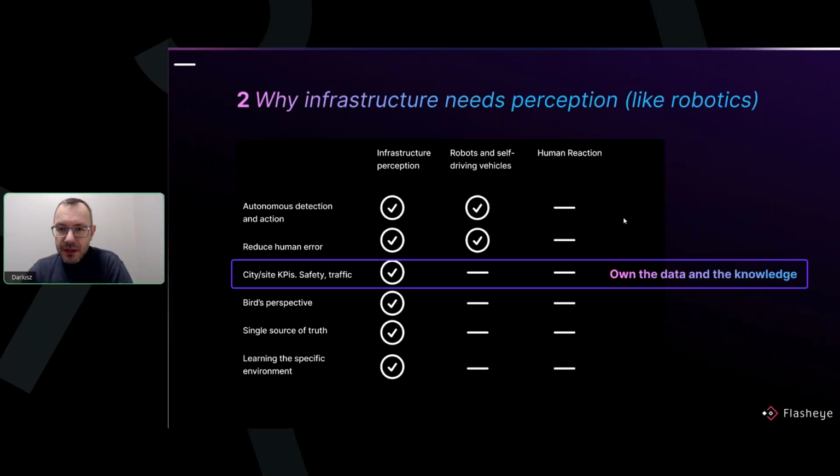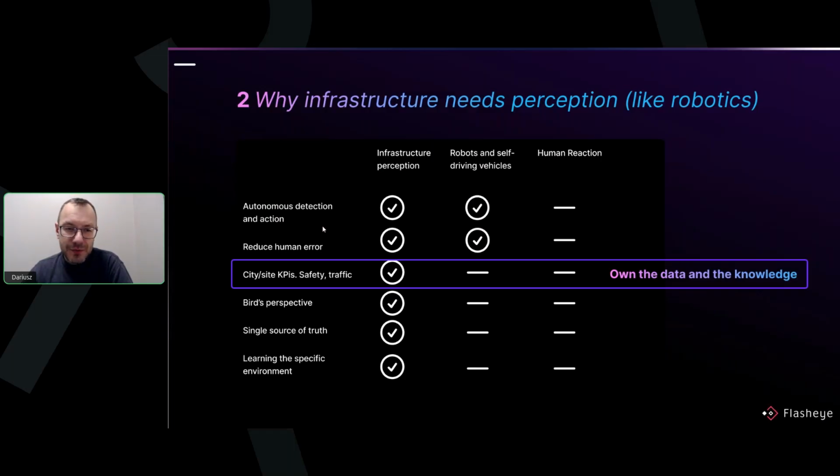Why does infrastructure need perception? Basically like robotics, but from the other perspective. On this diagram, you can see different perspectives from infrastructure perception, robots and self-driving vehicles, and also humans. We name a couple of important parts, like autonomous detection and action, where infrastructure perception, robotics and self-driving vehicles have this feature.